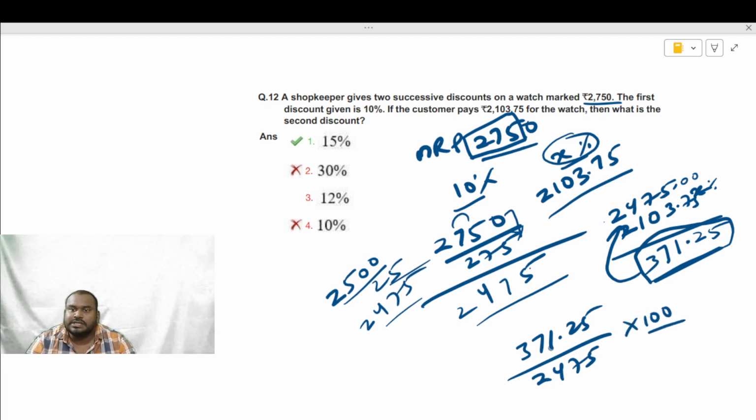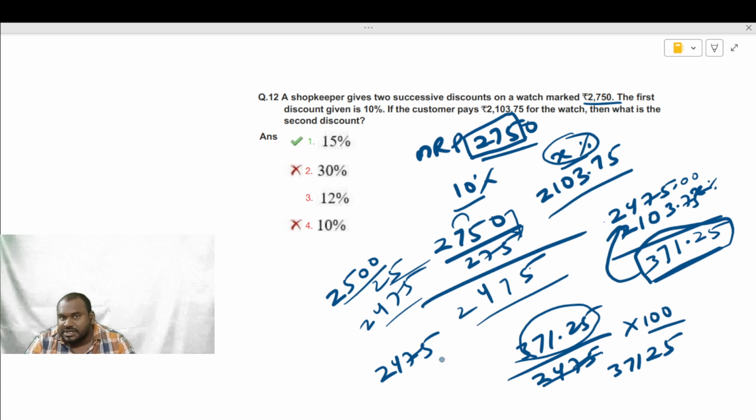If I multiply with this, it will become 37125. So if I multiply 2475 with some number, it should become equal to this. I should multiply with the options to get 37125. Understood the point?